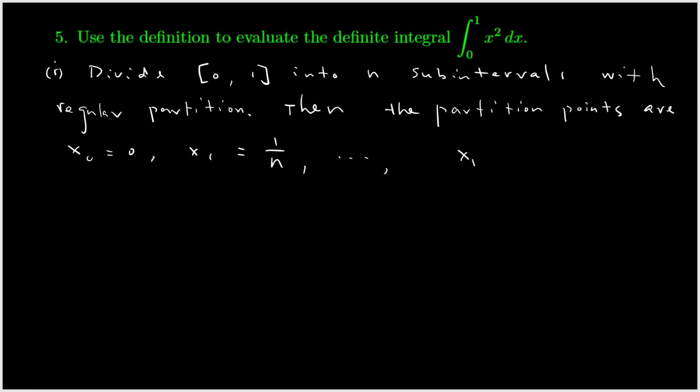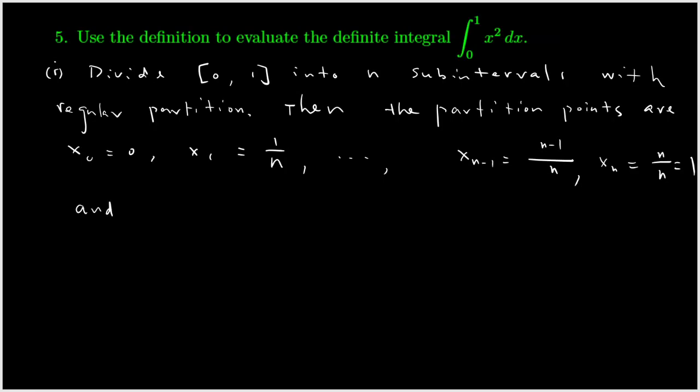x_{n-1} equals n minus 1 over n. The last one should be xn equals n over n, right? Which is just 1, right? Figure out all the partition points, and also figure out the width of the subinterval. Okay?